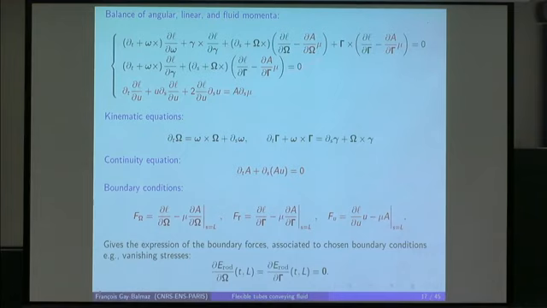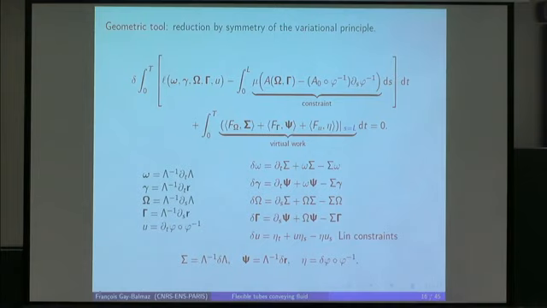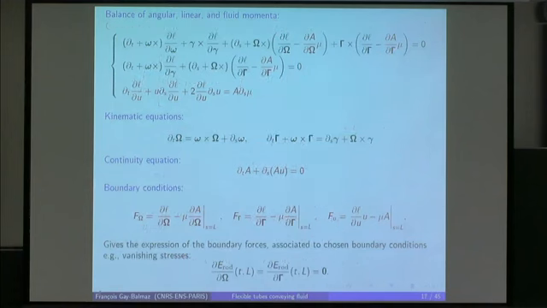Mu, remember, is the Lagrange multiplier. No surprise, it can be identified with the pressure, more or less. And here in this term you have the variation of the area with respect to the tube variable. So that's really where the fluid-structure interaction is.